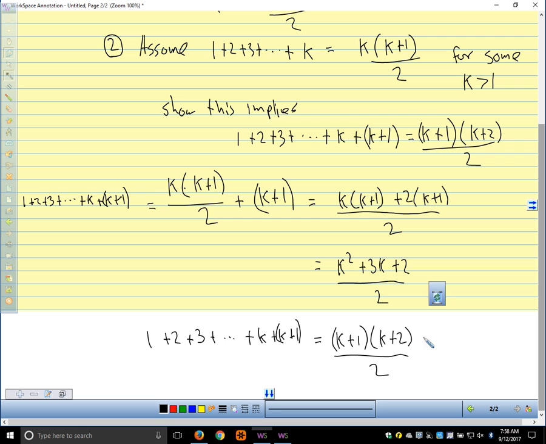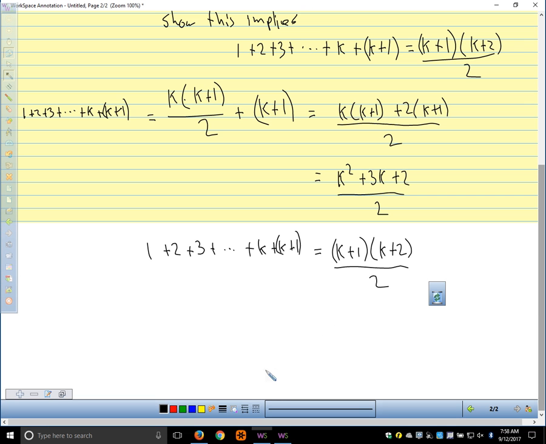So altogether, this shows that this is true for all n greater than 0. So that's another way to show that the sum of an arithmetic sequence is the formula that we talked about in pre-calc.